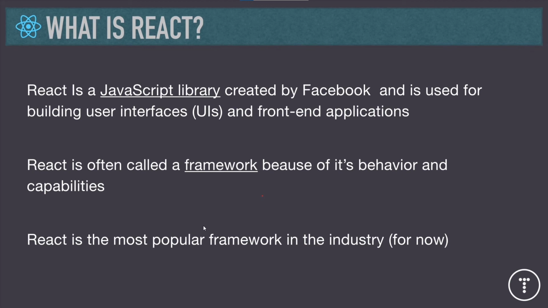React is the most popular framework in the industry, and in this era, generally all the decentralized applications, from Aave to Compound and many other protocols, are written in React. So why do blockchain developers use React?